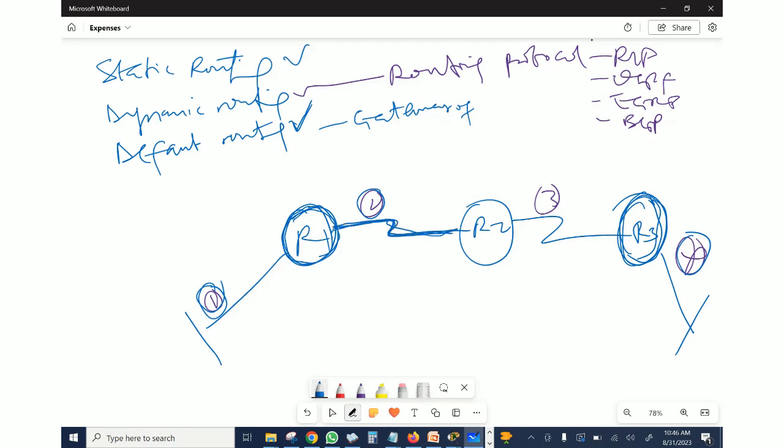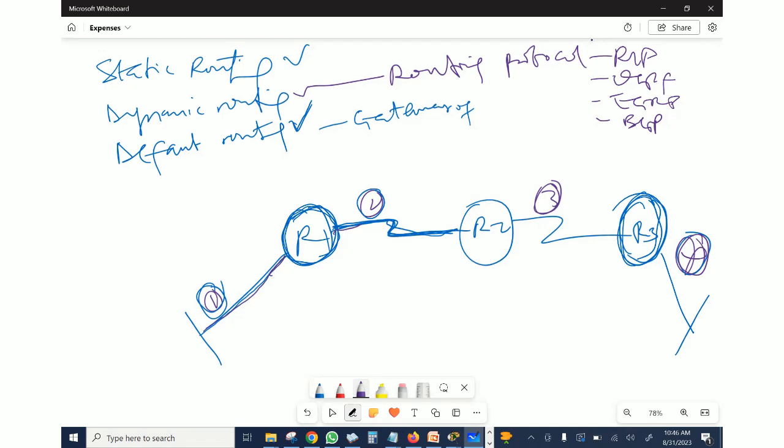So if you are going to network 4, for instance, and network 3, and you've not configured static routing or dynamic routing, you can configure default routing on your R1, so that any network they are asking you to reach for them, send them through this interface. So I can tell R1 that, let's say I want to go to network 4 now from R1.